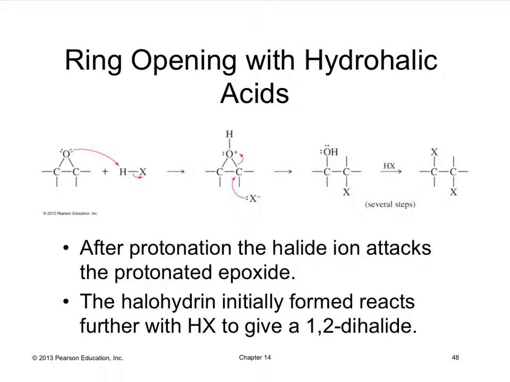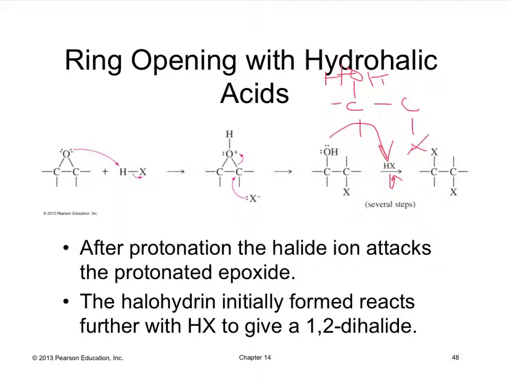In this case, the electrons from the oxygen attack the HX, breaking the bond between H and X. I'm going to draw the intermediate, OH. Please bear with my awful handwriting here, but you get the point.